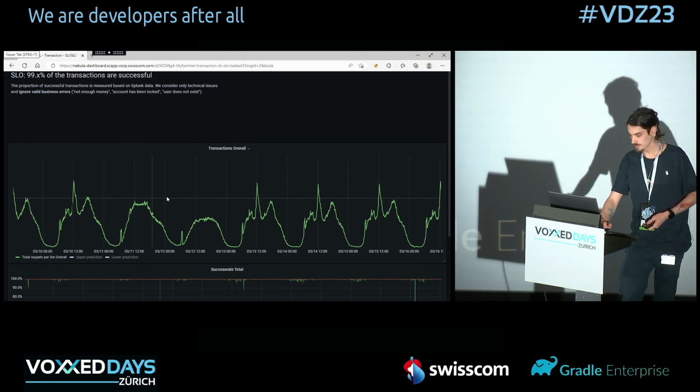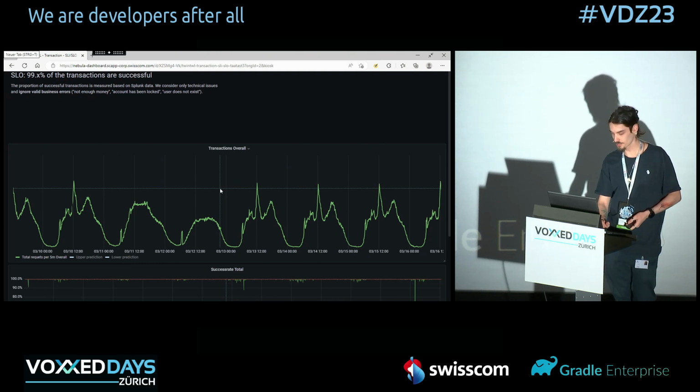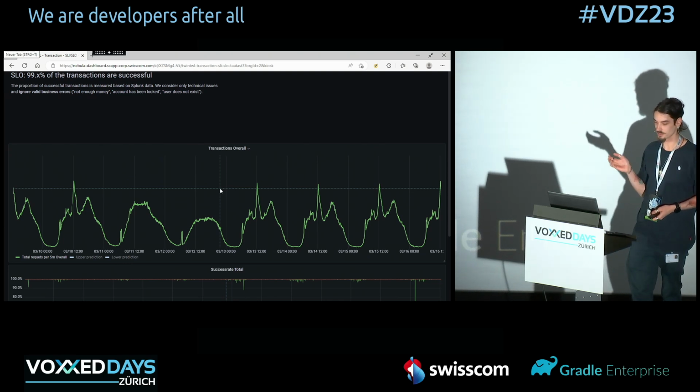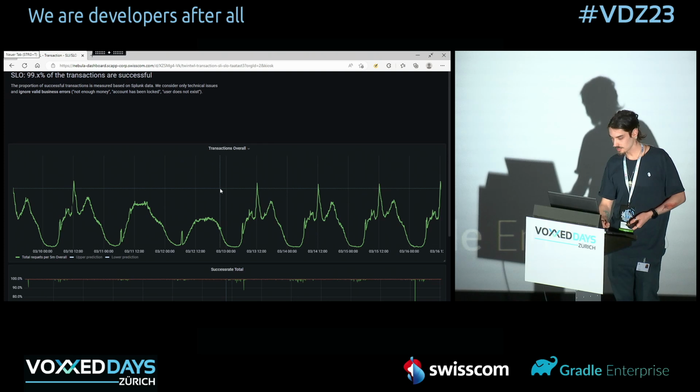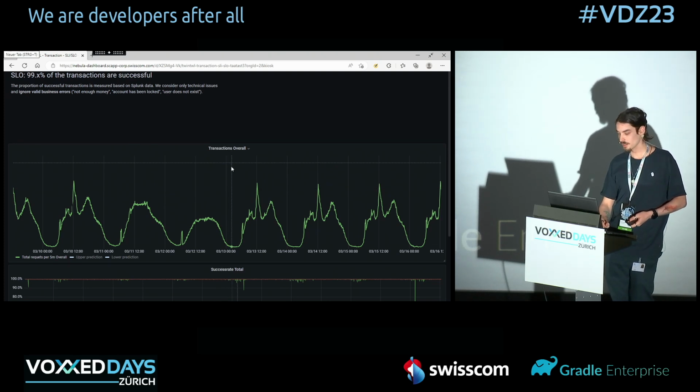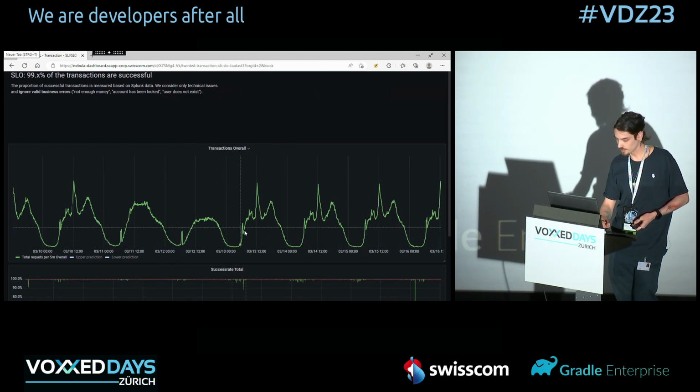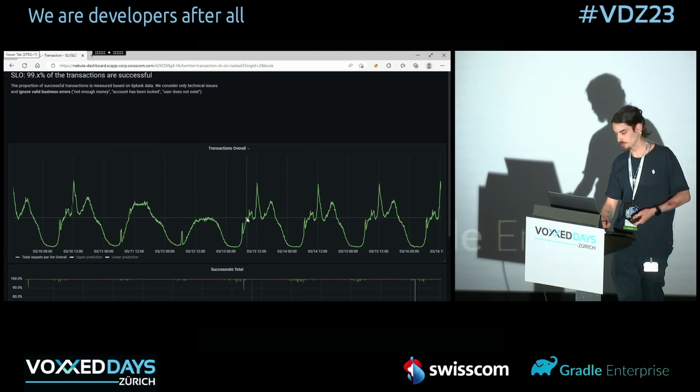Here we can see, as I said, live data from production. This is over the span of 7 days, over a week. And this is the total transactions that happened. You can see in these valleys here, those are the nights. And then in the morning, people start to travel, traffic ramps up.